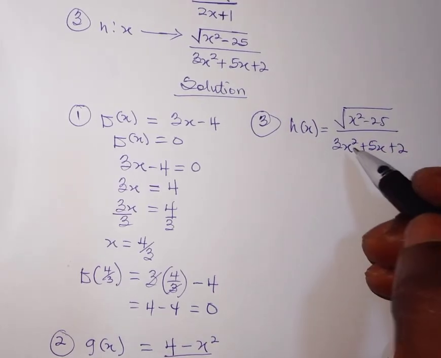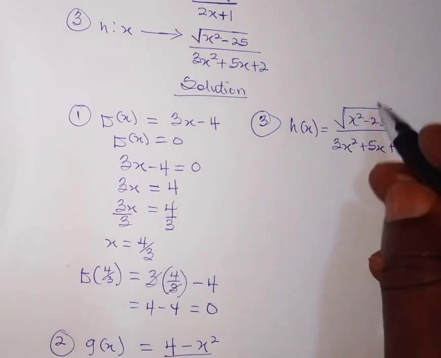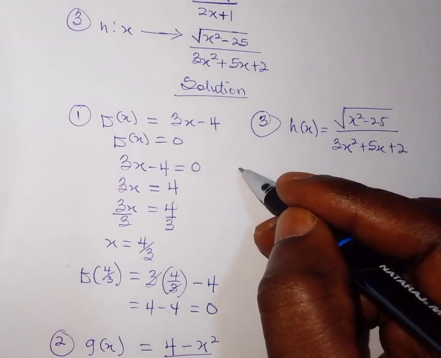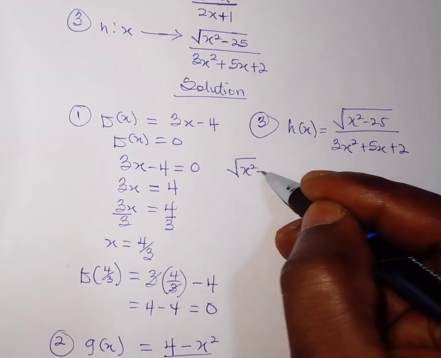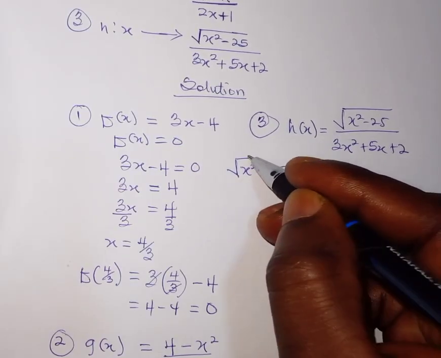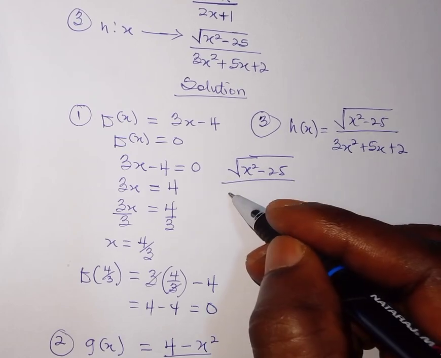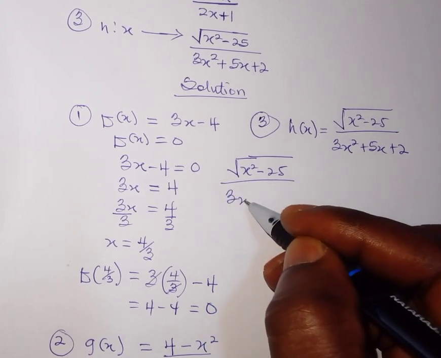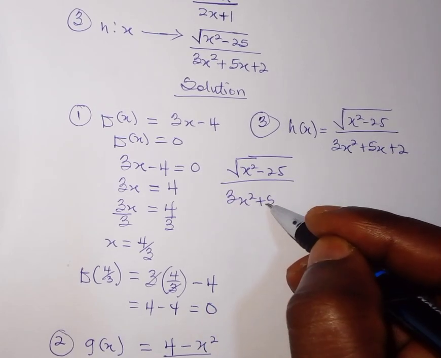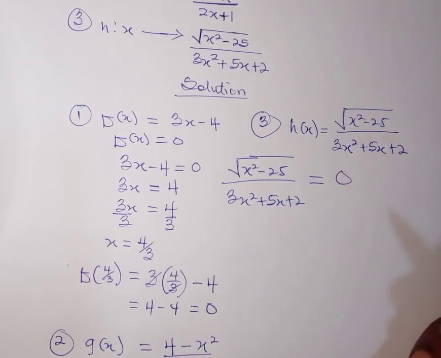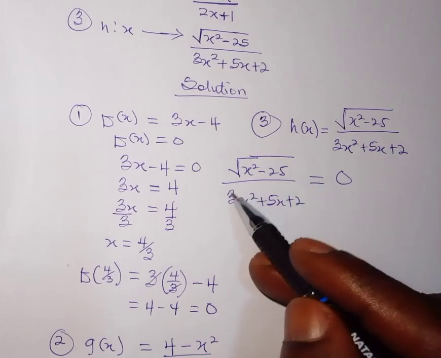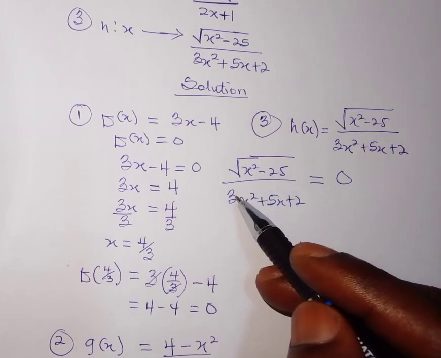Good. So this one too, we are going to equate everything to 0. Then I'm going to write the square root of x squared minus 25 all divided by 3x squared plus 5x plus 2 all equals 0.